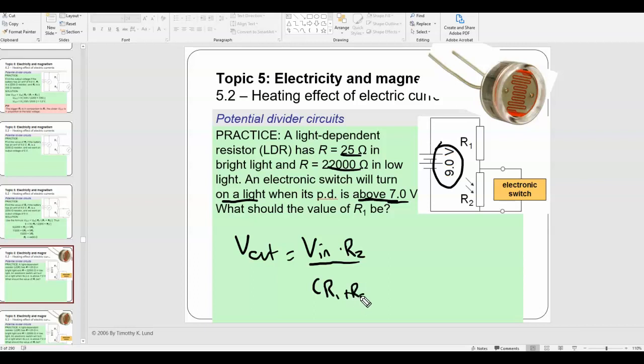When this happens, R2 is going to be 22,000. So Vout needs to be 7, Vin is going to be 9, and R2 is going to be 22,000 ohms. And so here it is just a matter of doing a little bit of algebra and rearranging to get R1 by itself.